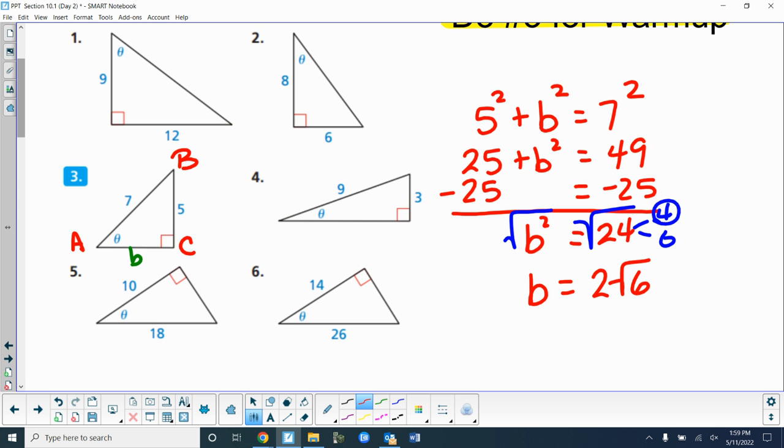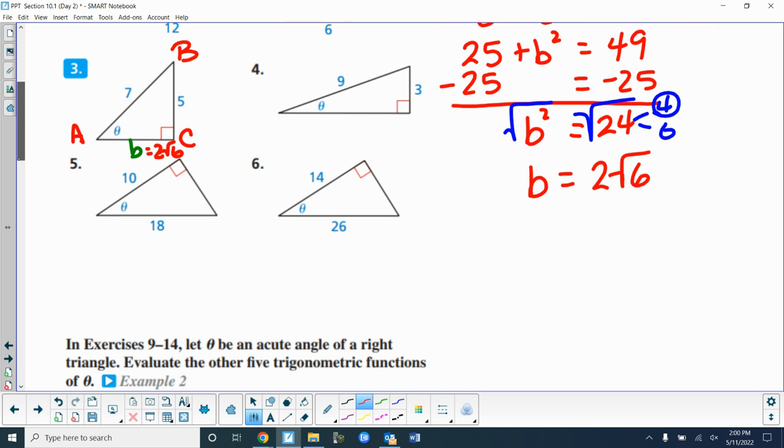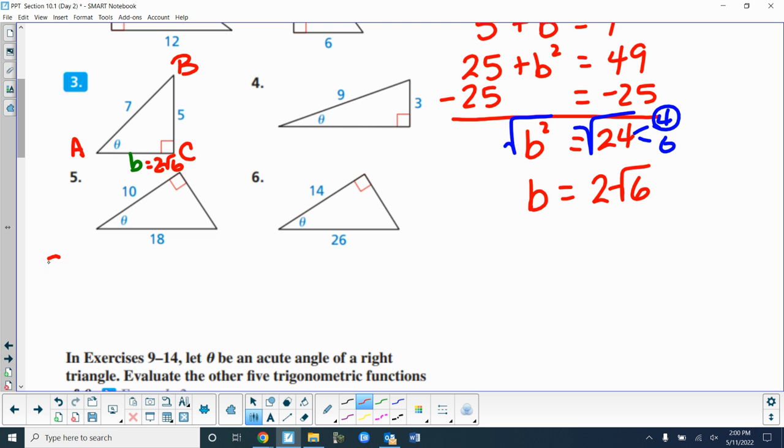So I'm going to put that over here. Kind of squeezed it in there. All right. So sine of theta is opposite 5 over hypotenuse 7. So cosecant of theta would be 7 over 5.